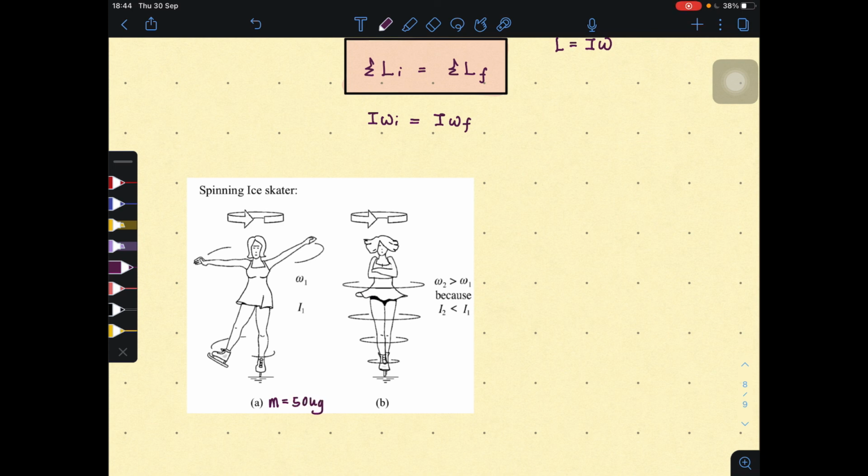But the moment of inertia will be different because we know moment of inertia equals mr square. So mass is constant, but the value of R will be different because R is the distance from the axis of rotation. Here, the axis of rotation is in the middle, so the value for R has a certain value, maybe 2 meter, let's say.